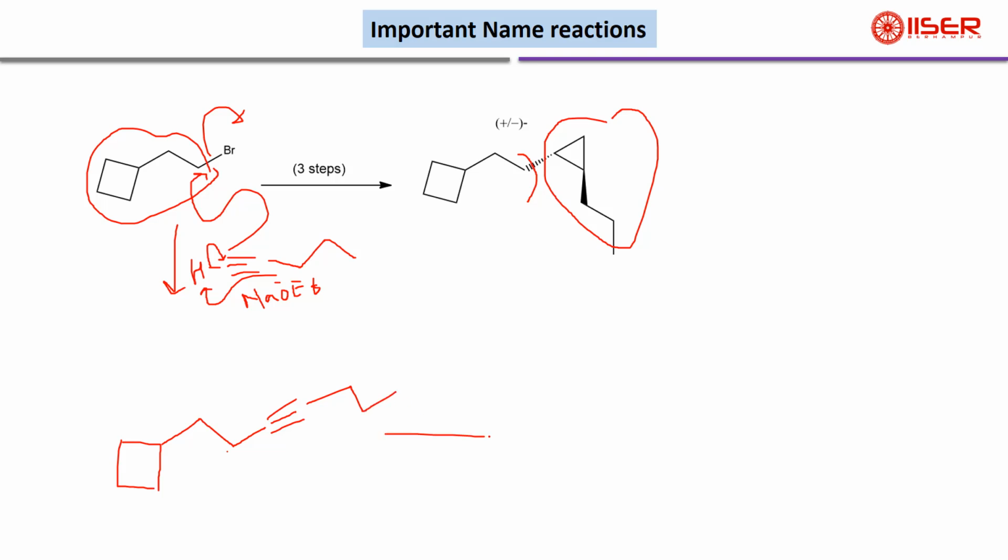In the next step, you undergo a reduction using Lindlar catalyst, that is a partial reduction of the triple bond.